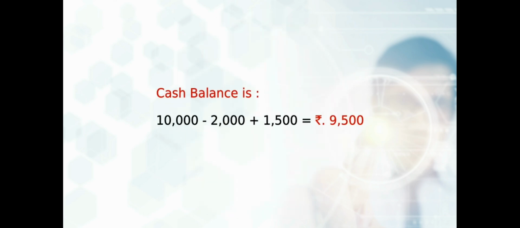He also receives rupees 1,500 in cash from some of his customers when he sold vegetables to them. So, his cash balance is now 10,000 minus 2,000 plus 1,500, which is equal to rupees 9,500.